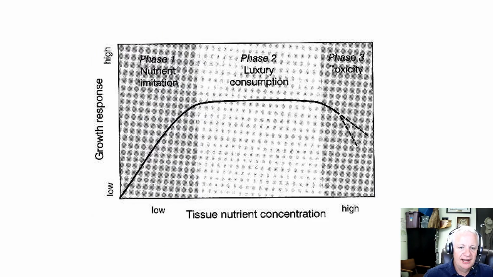This is an important concept to keep in mind when we're thinking about response of plants and trees to nutrient availability. This is a very general response surface where the y-axis is labeled here as growth response, but it more broadly could be thought of as something like plant performance.